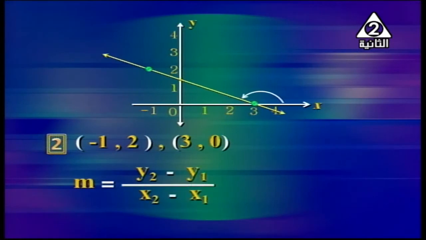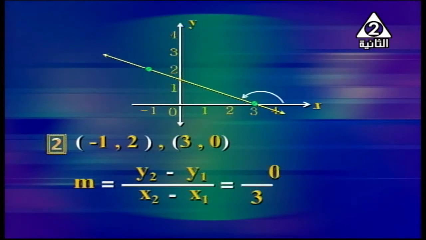Then try to find the slope of the 2 points (-1, 2) and (3, 0). First, try to plot these 2 points graphically. (-1, 2) and (3, 0). Join the 2 points together. You are going to notice this time that the straight line makes an obtuse angle. Then try to find the slope mathematically. So slope equals y2 minus y1 over x2 minus x1.